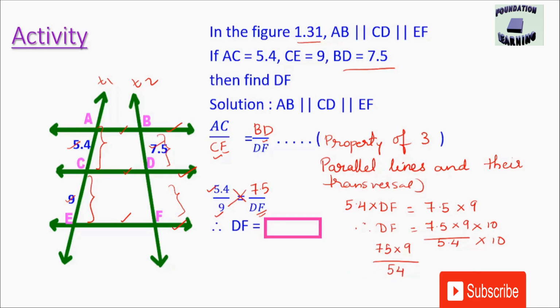If you remember the 9 tables, we can do it fast, or we can take 3 also. So I'll start with simple only. 3 3s are 9, 3 1s are 3, 5 minus 3 is 2, 24, 3 8s are 24, 3 1s are 3, 3 6s are 18.